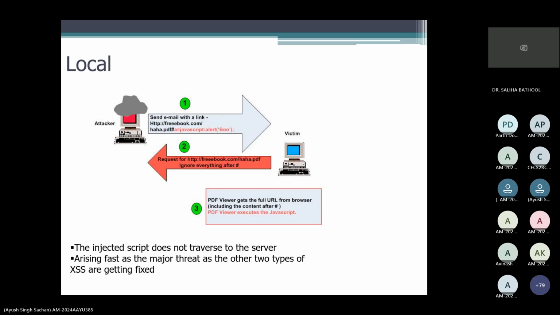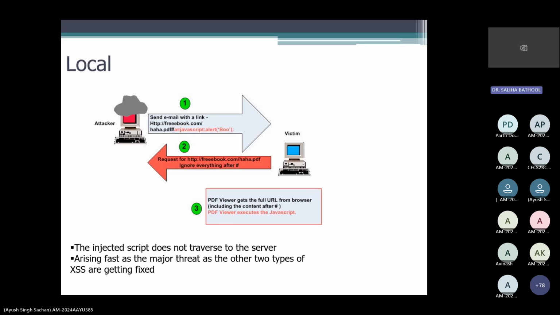The next one is DOM based. Here the attacker sends an email with a link to the user, so the victim can see the link and send the HTTP request, whatever script they are following.